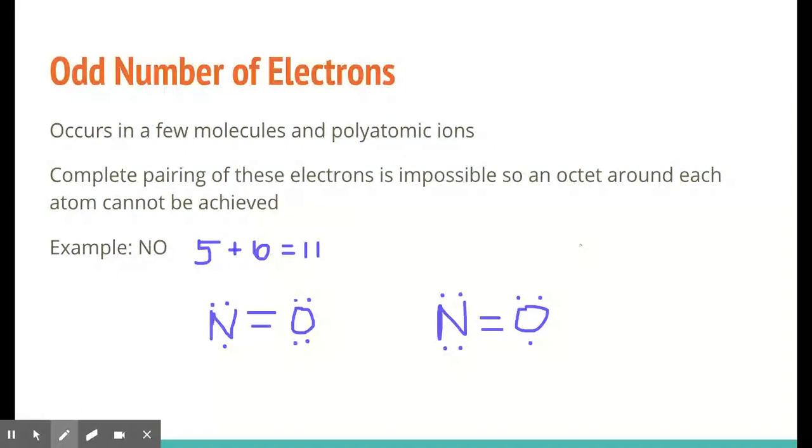In each of these, one of the atoms does not satisfy the octet rule because I simply don't have enough electrons to do it. You can calculate the formal charge for both of these and see if one is dominant or if they're resonance structures. I did not do that, but you are free to.